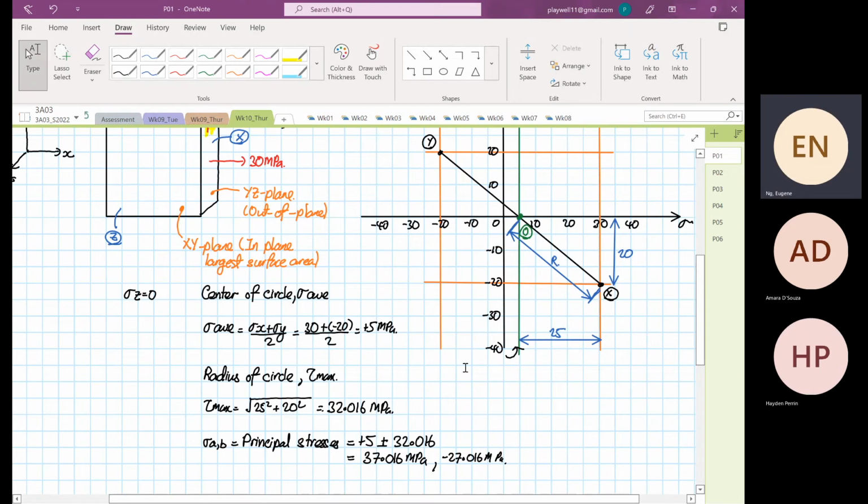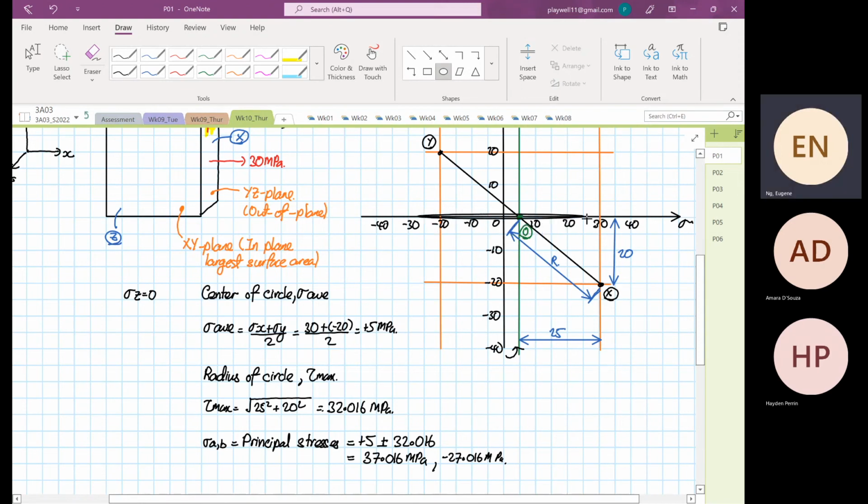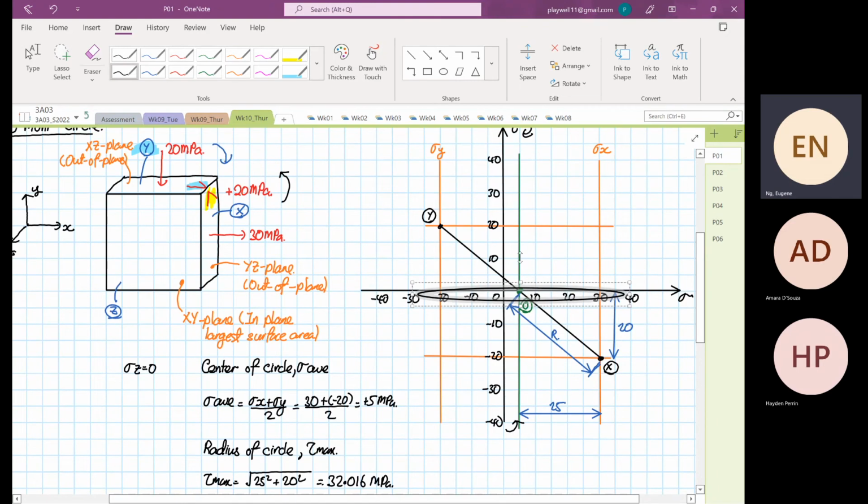Then we draw our Mohr circle. So 37, I'm just eyeballing this, and then 32 should be somewhere around here.